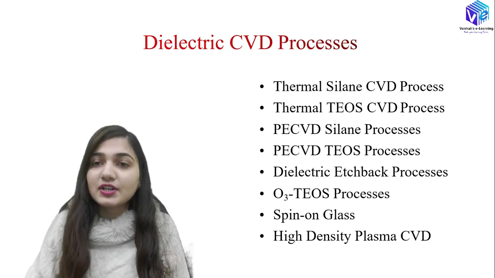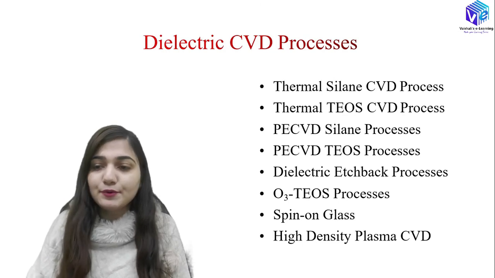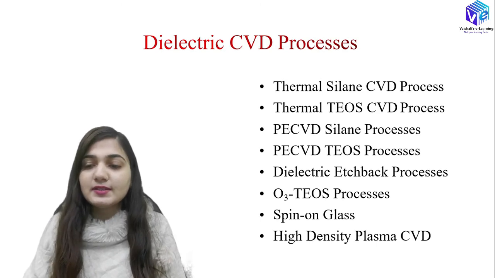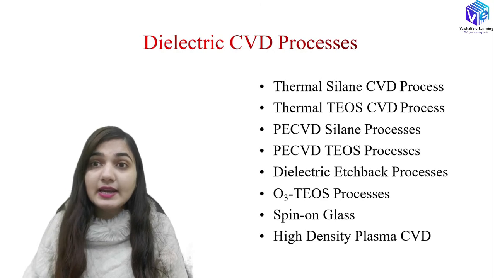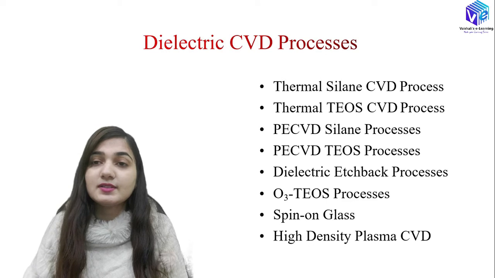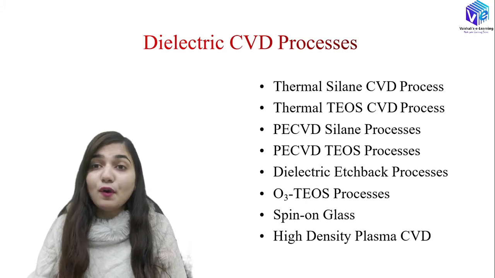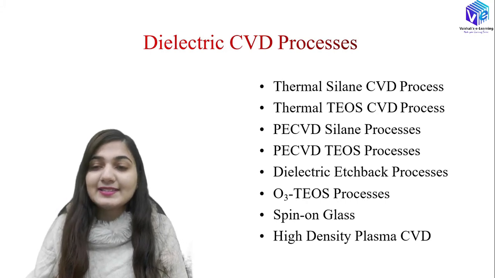You know now the structure of TEOS, then we can proceed. Then we have PECVD Silane processes, then PECVD TEOS processes, dielectric HBAC process, ozone TEOS processes, then spin on glass, then high density plasma chemical vapor deposition. All of them we are going to analyze in depth.